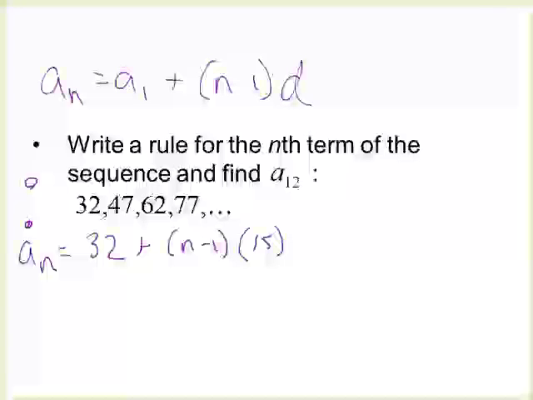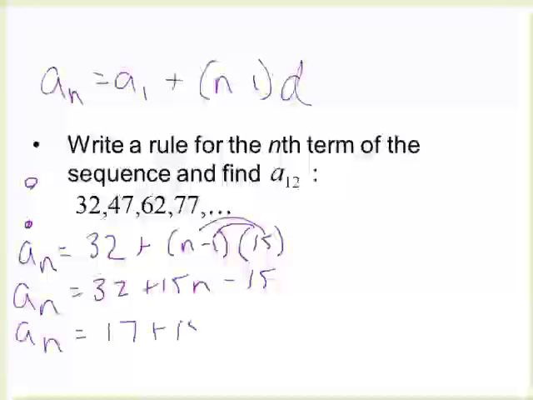We're adding 15 term to term. We'll distribute that 15 in and combine like terms to give us a rule of 17 plus 15n. If you wrote 15n plus 17, that's fine. It doesn't matter which way those go in the rule.